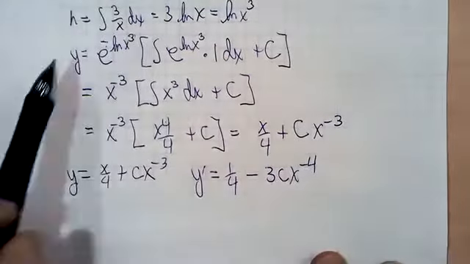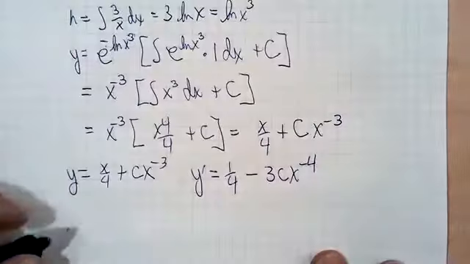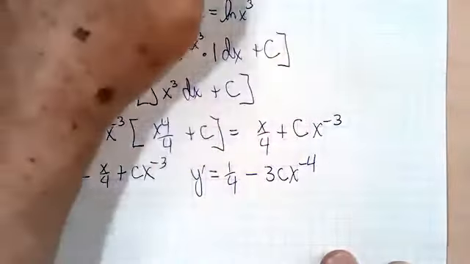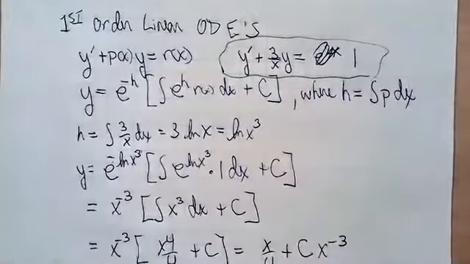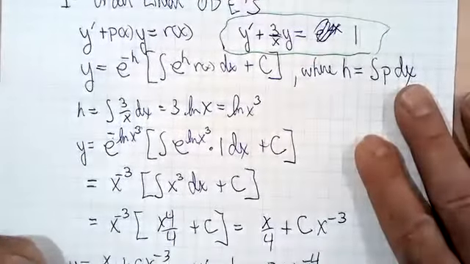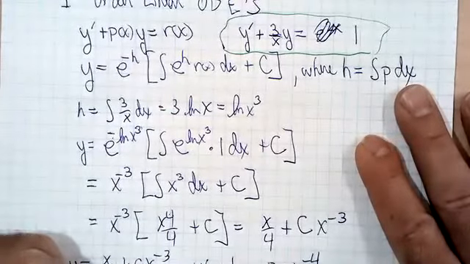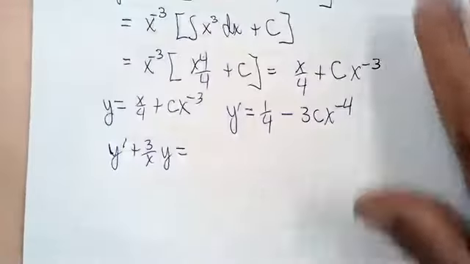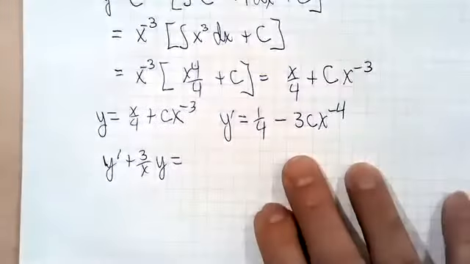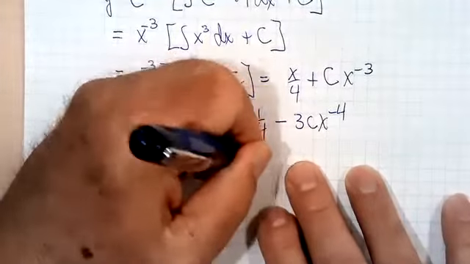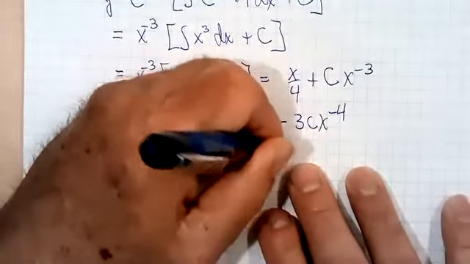Now, if you plug it back into the original equation, which is way up there, y prime plus 3 over x y is equal to, y prime is right here, 1/4 minus 3c x to the minus 4.